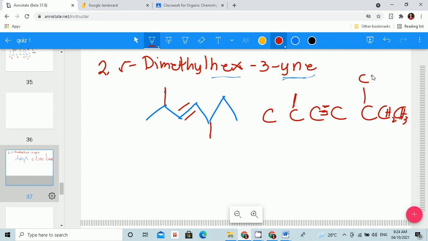Okay, so for our condensed structure, this is it. This one is H, and this one is an H. This one has 2, H2, H2, CH3. Okay, so that's it for carbon. Okay, for number 5.